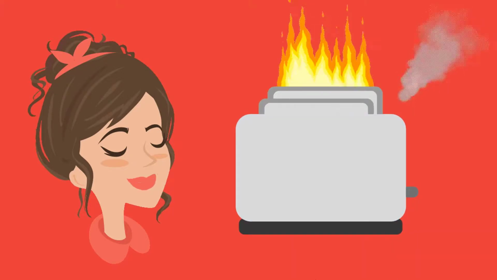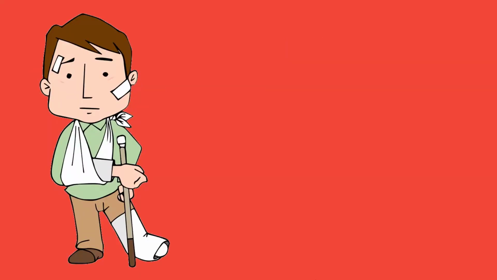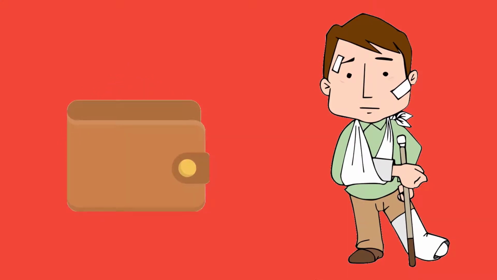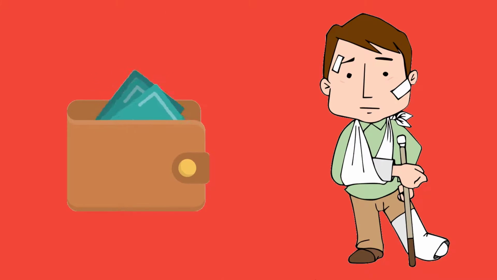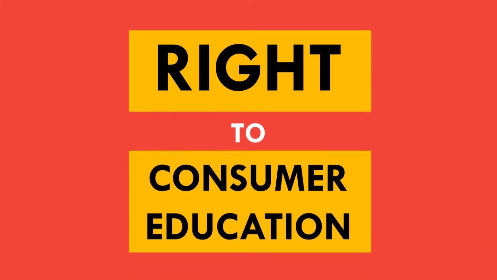Thus, the consumer has a right to get defective goods replaced or money refunded by the sellers. This also provides due compensation to consumers for any loss or injury suffered due to fault caused by suppliers or manufacturers.